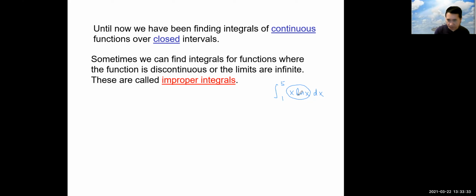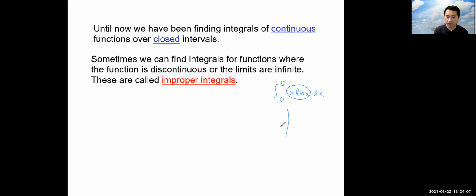You may not notice, if you grab this function, x ln x, you notice that it's not continuous at 1. Well, how do I know? If you plug 1 in, you can see, well, my bad. It's 0, right? So 1 is still fine. But if you have from 0 to 5, then the natural log of 0 is undefined, right? So you can't take the log of 0.